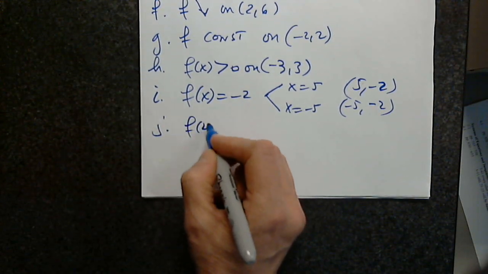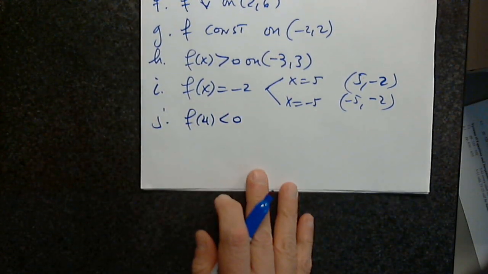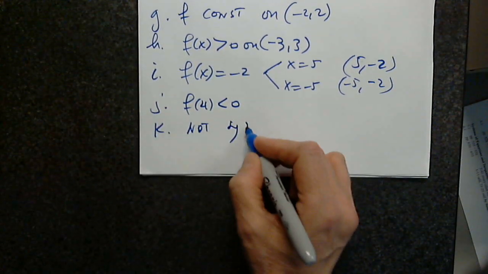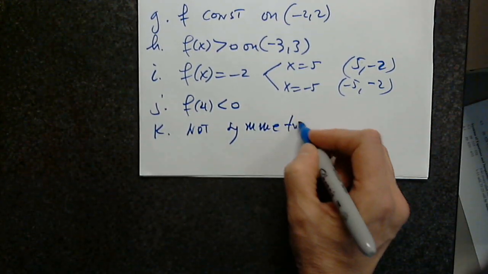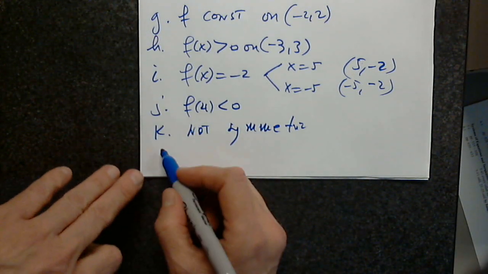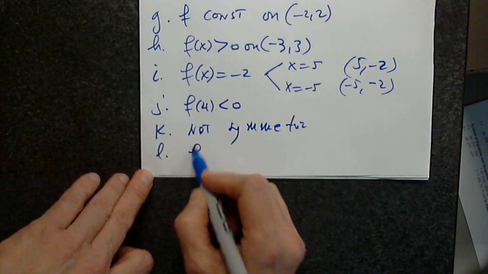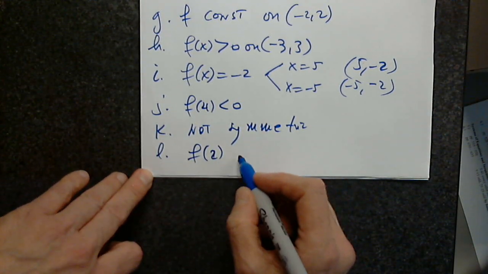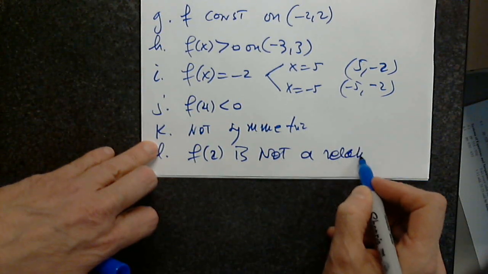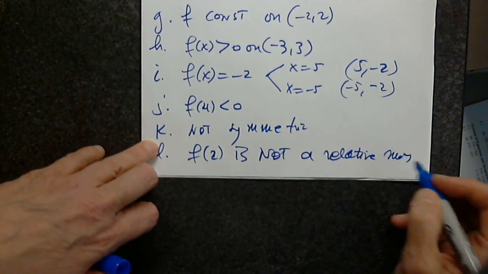J, f of 4 was negative. K, not symmetric, which means it's not even and it's not odd. And the last one, according to this book, f of 2 is not a relative max.